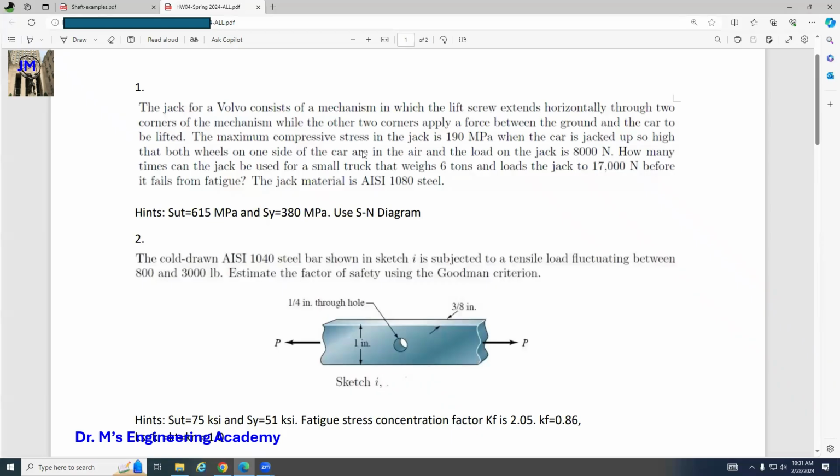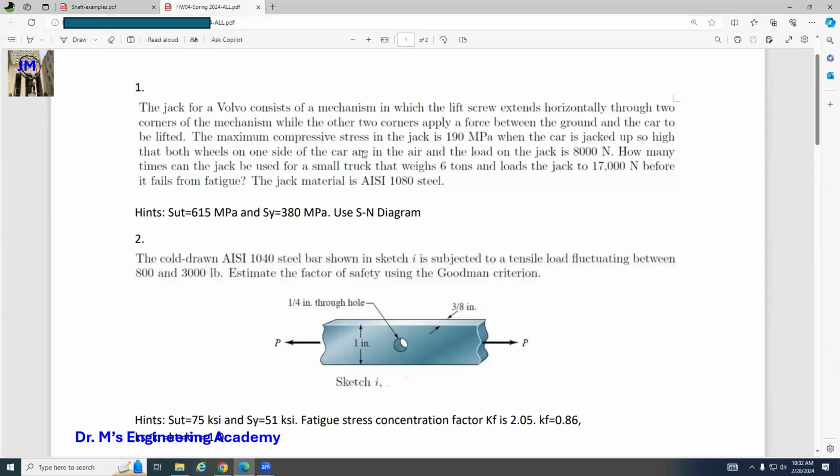Now, if you have this, you can just plug in sigma minimum equals 800 pounds of force divided by AH. Be very careful about the units. And then you can use the KF. So this is the Goodman theory and capital KF. I talked about lowercase KF, which is the surface finish factor.